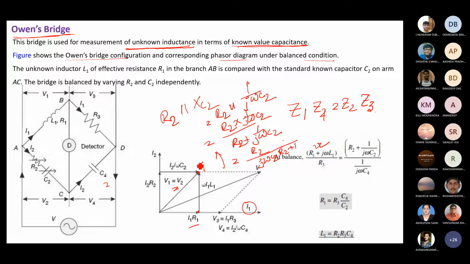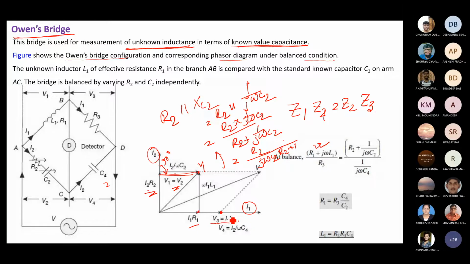I2 by j omega C2 is 90 degrees behind I2 R2, so that point is I2 by omega C2. You can understand the direction of the current I2 is along the Y axis. So this is your I2 and I1 is there. Now you can find V1. Where is V3? V3 equals I1 R3, in phase with I1, since it is a resistive path.